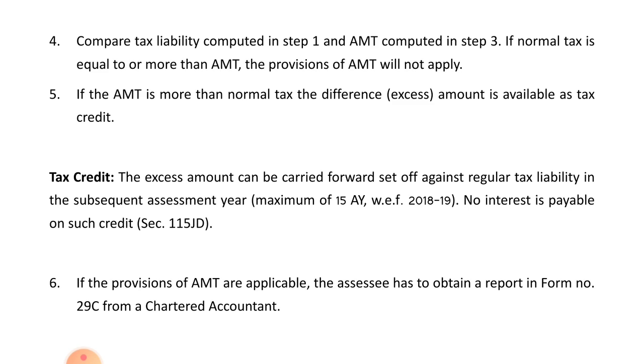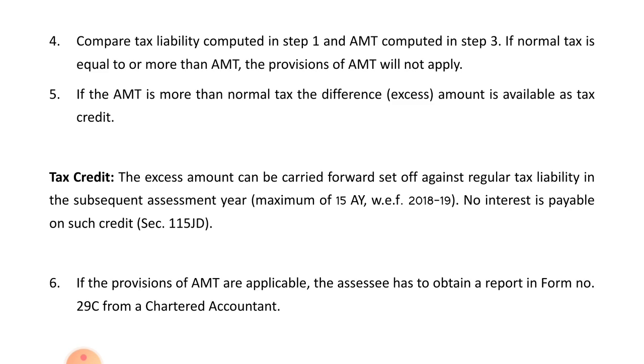You can use this 20,000 to reduce your tax liability in that assessment year, that is the available tax credit is 40,000 and the difference between the normal tax and AMT is 20,000, and that 20,000 can be set off and the assessee will pay only 80,000 rupees.